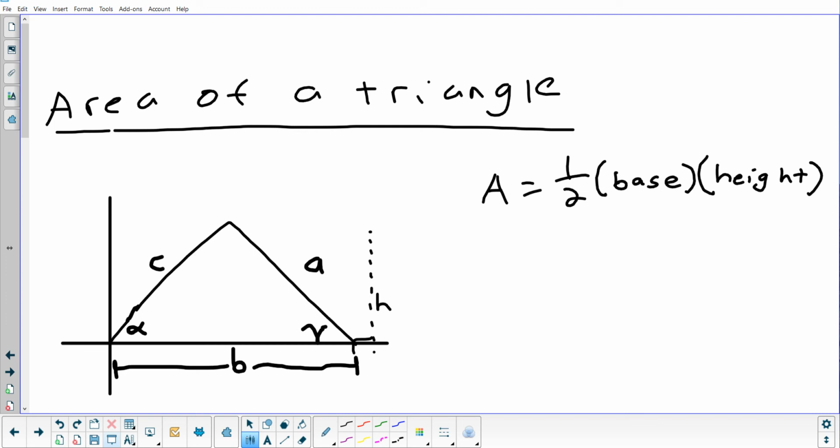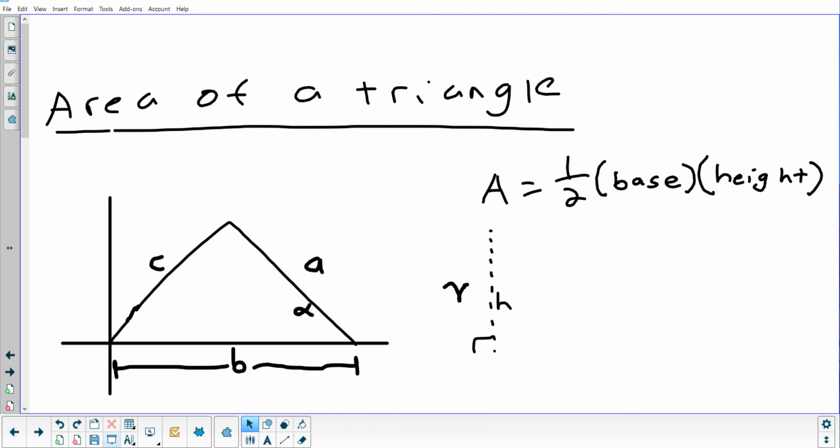So let's take a look at this triangle. I've labeled the sides A, B, and C, just normal letters that we use. You always put alpha across from A. You always put gamma across from C. And I drew a line from the top perpendicular to the base, and that represents my height.